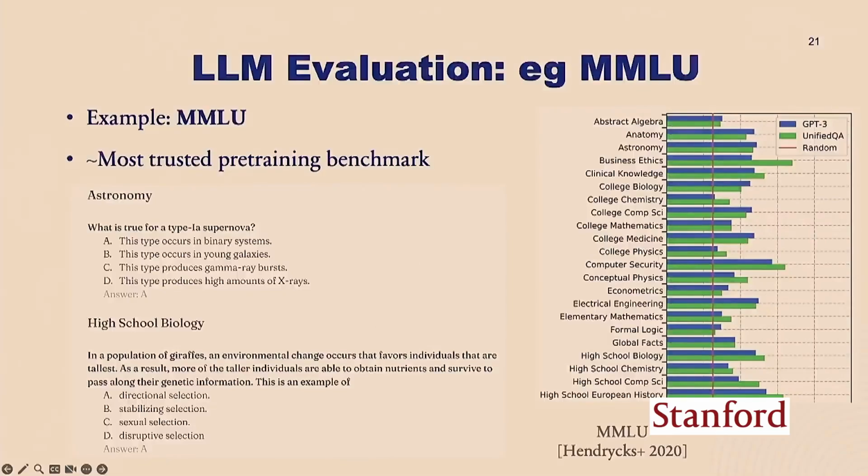It's a collection of many questions and answers in many domains, for example college medicine, college physics, astronomy, and these types of topics. The questions are things like, this is in astronomy, what is true for a type Ia supernova? Then you give 4 different potential answers, and you just ask the model which one is more likely.